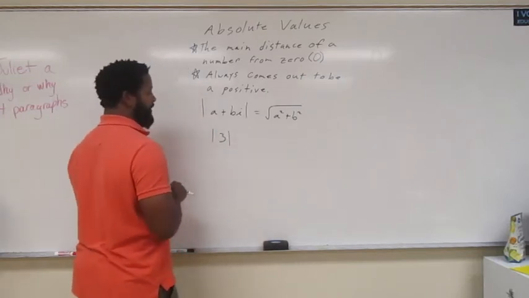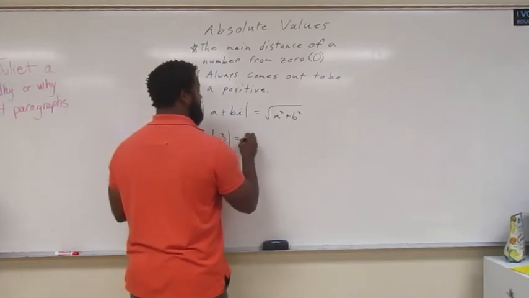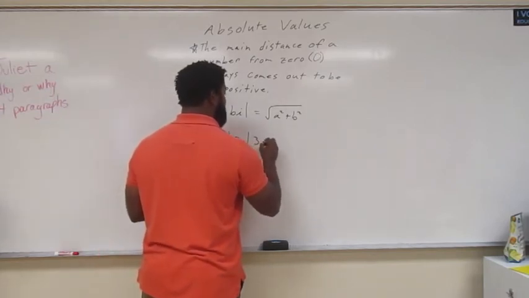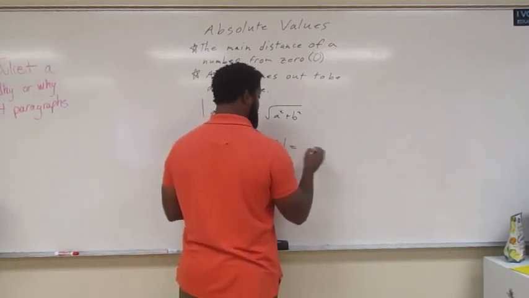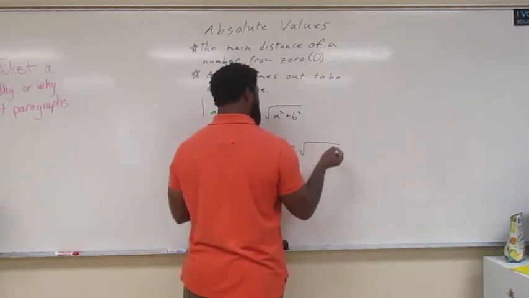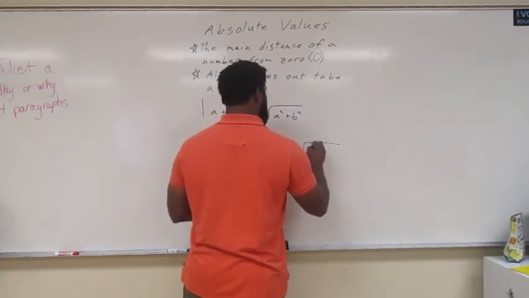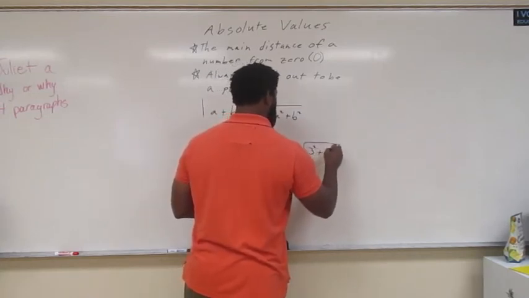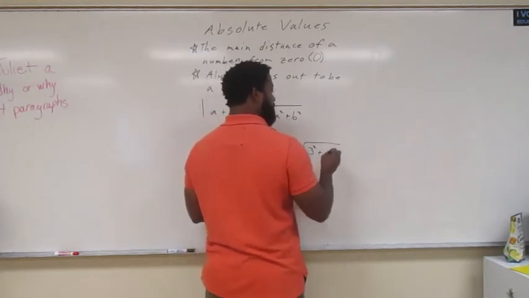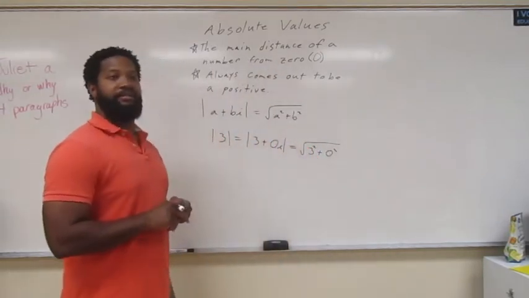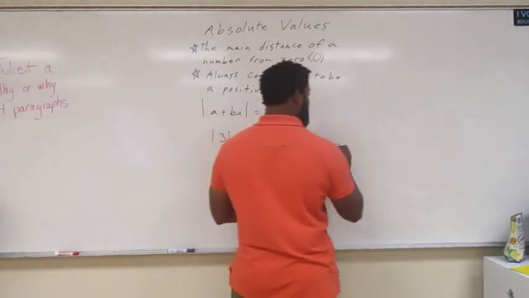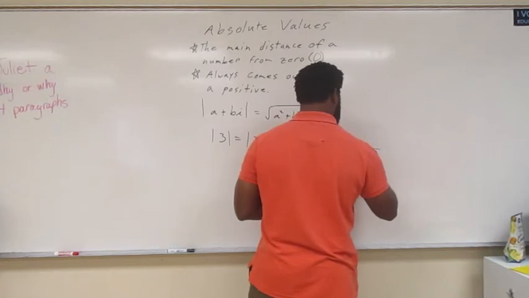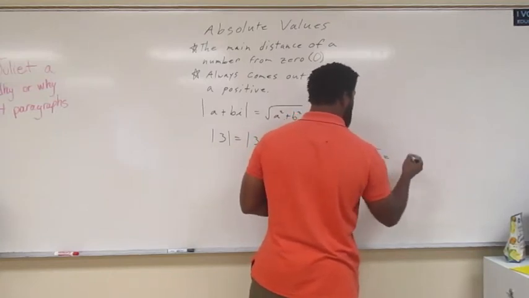Well, that's just like saying the absolute value of 3 plus 0i, which is just then saying square root of 3 squared plus 0 squared. You never learned about square roots. We will eventually, don't worry. Which will then be the square root of 9 plus 0, which is equal to 3.